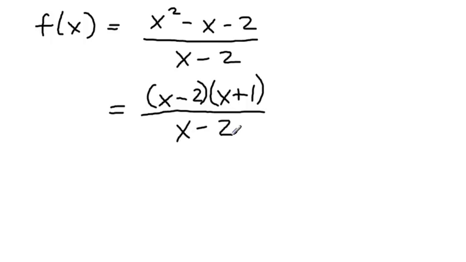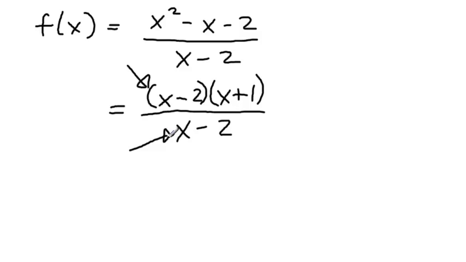Step number two, we want to see if there are any binomials that repeat themselves in the numerator and the denominator. If you notice, x minus 2 appears in the numerator as well as in the denominator. You can kind of think of this as, if we were to simplify this, we could cancel out x minus 2 from both the top and the bottom. So x minus 2 repeats itself.